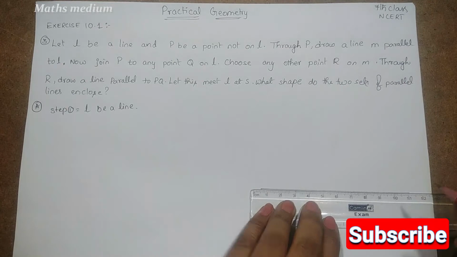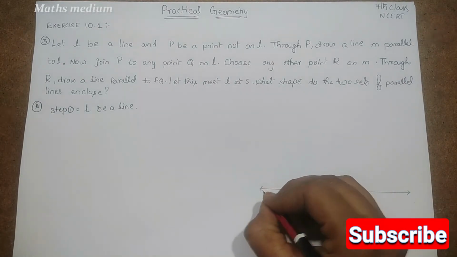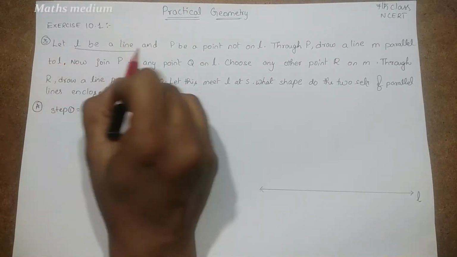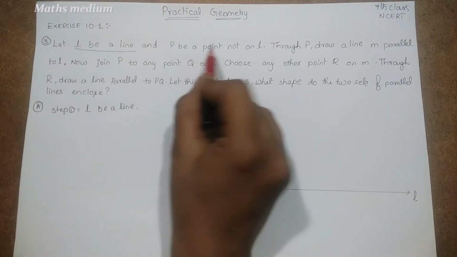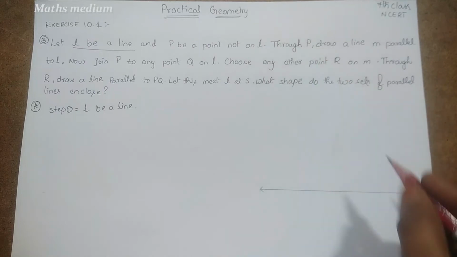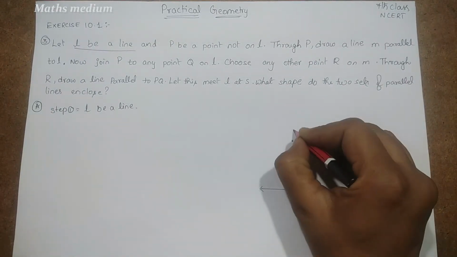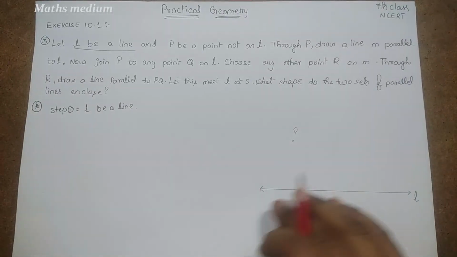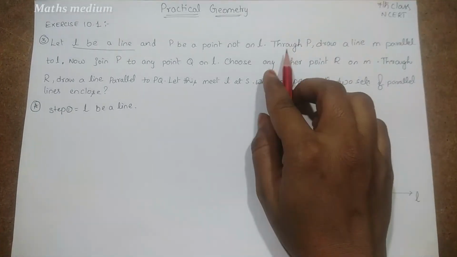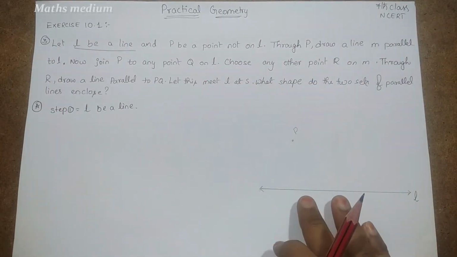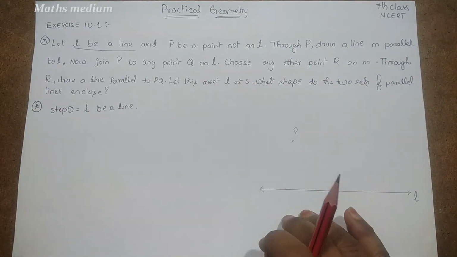This is the line L. So it is finished, and P be a point not on L. So I am taking P here. This is P, apart from line L. Through P, draw a line M parallel to L.